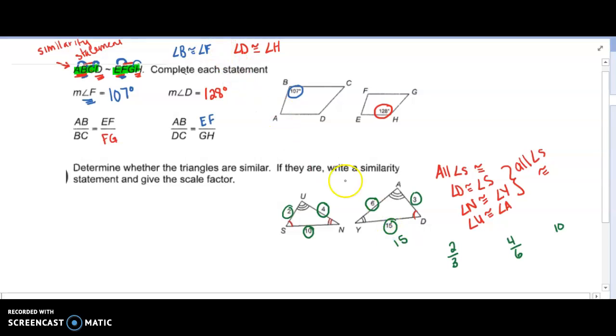Now if I reduce these all, well, 2/3 just stays as 2/3. 4/6 reduces to 2/3. 10 over 15 reduces to 2/3. So because these all have the same scale factor, I can say that all sides are proportionate.